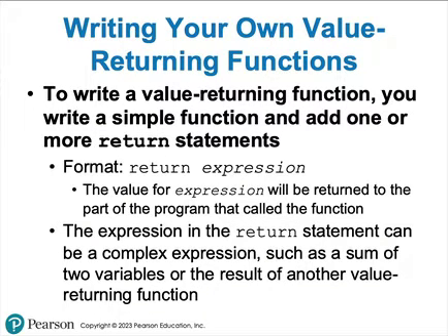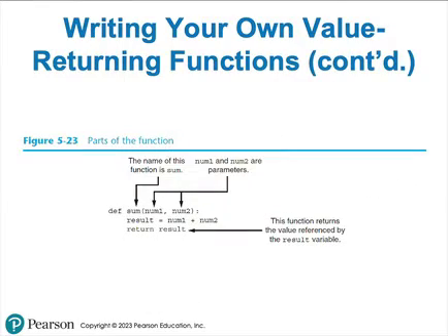To write a function of your own that returns a value, somewhere in your program you're going to have return followed by a statement or a calculation that calculates or specifies the return value. So here we're defining a function sum.